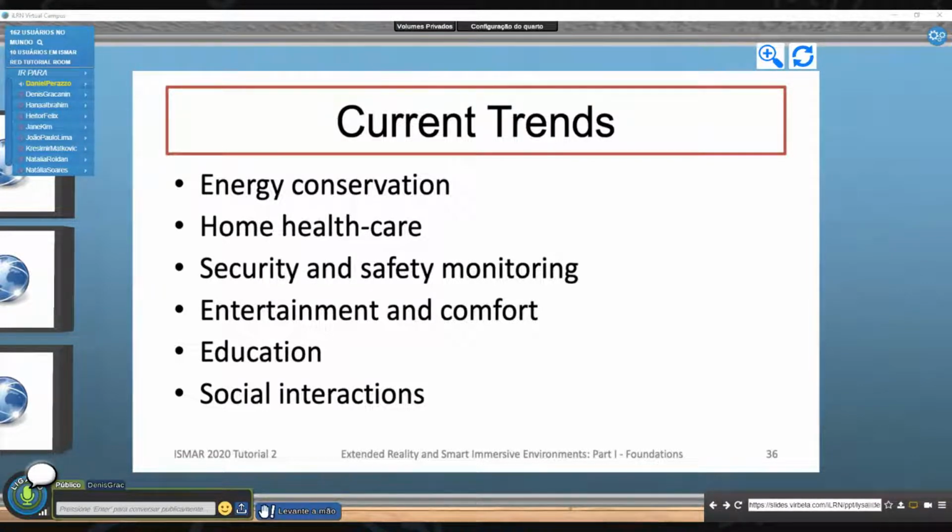The next step is providing home health care by observing user behavior, perhaps detecting some problems and so on. And providing security and safety monitoring, alarm and things like that.